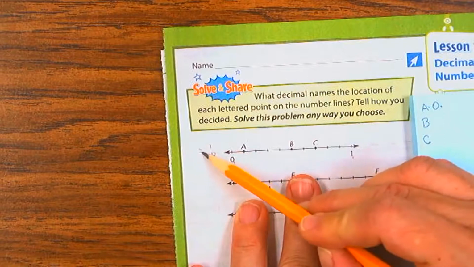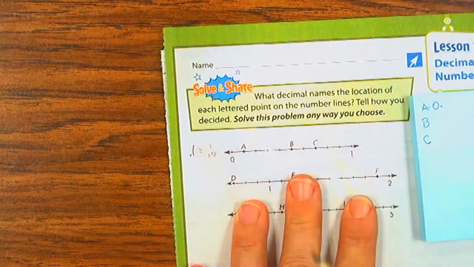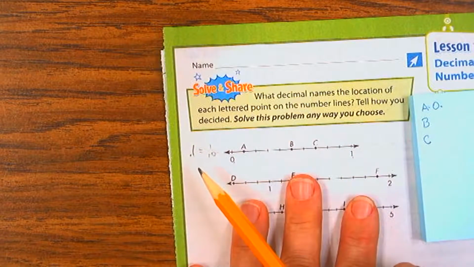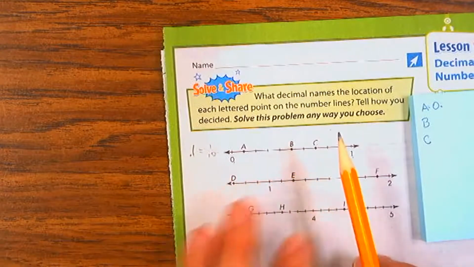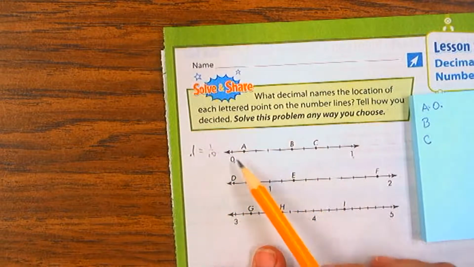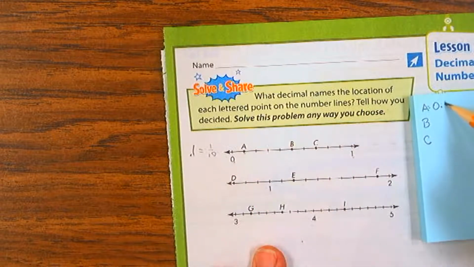I can also write that 1/10 like that. Okay, and I'm just making a little note to myself to remind myself so I don't forget. I always write down the important information because it's easy to forget and then mess up. So if I'm looking, A is just 1 tick mark over, so A would be 1/10.